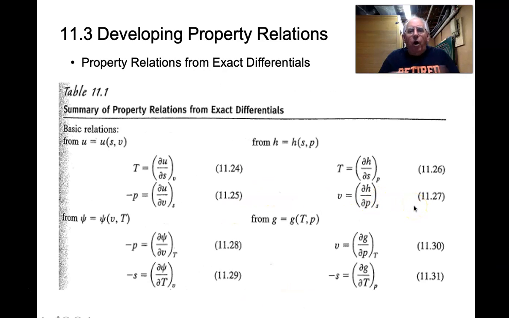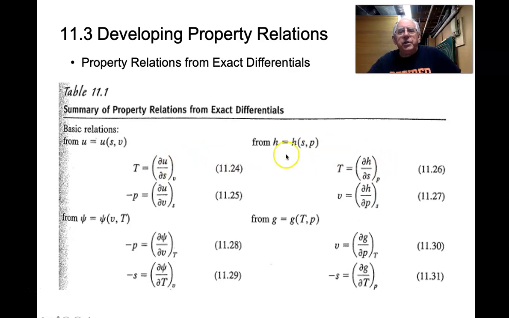And so with all of that in mind, then, we can go through and determine a whole series of property relationships from those exact differentials. And these are listed in table 11.1 in your textbook. And in essence, what they are attempting to do is to try to relate changes in the various thermodynamic properties under certain conditions and how they're related to measurable properties.